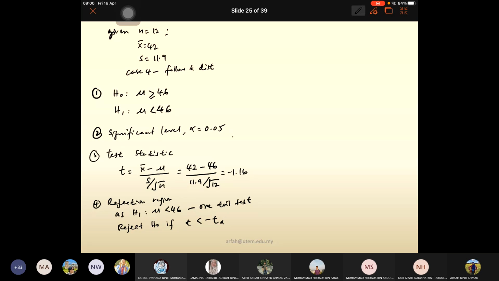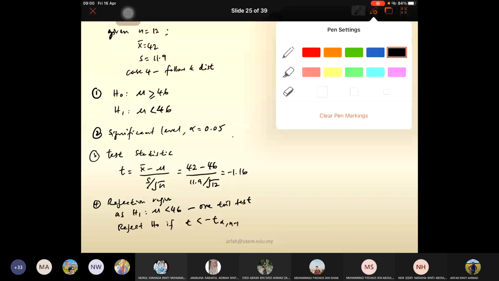So from here, cuba dapatkan alpha sama dengan 0.05, negatif T alpha di 0.05 with n minus 1 degree of freedom. Okay. So that is negatif T alpha, n sama dengan 12 tolak 1, that is 11.